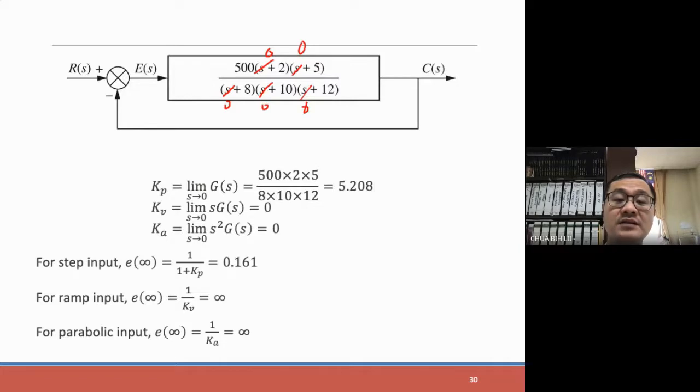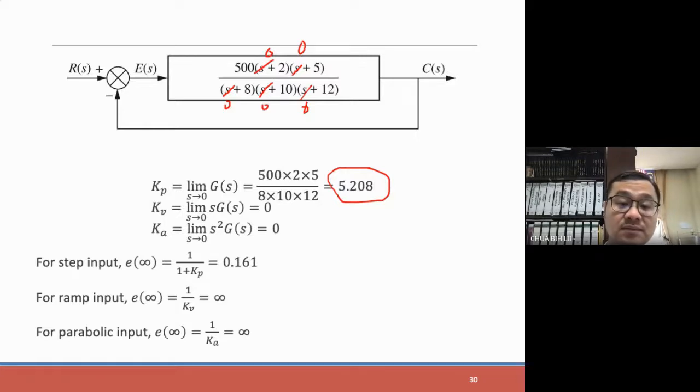Therefore there is 500 times 2 times 5 divided by 8 times 10 times 12, and you get 5.2208. Then we get Kv equals 0 and Ka equals 0.